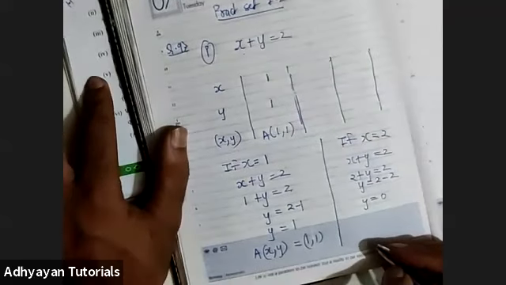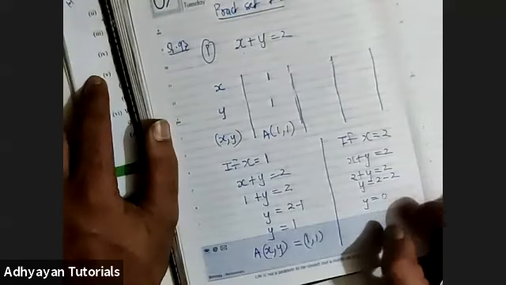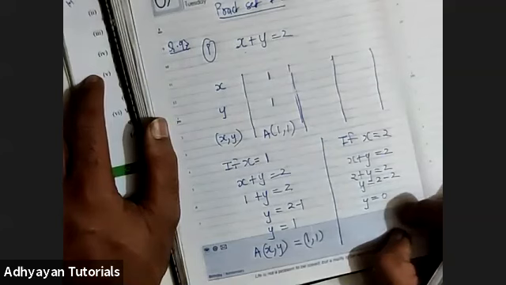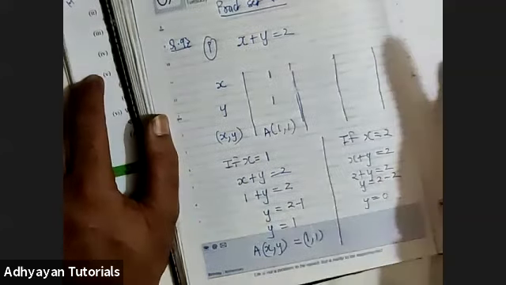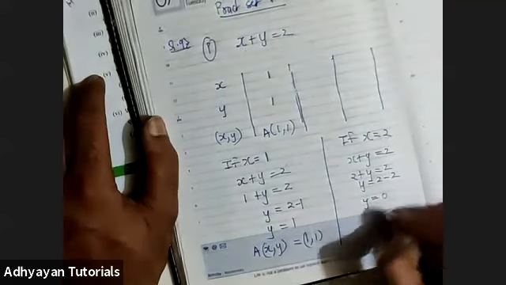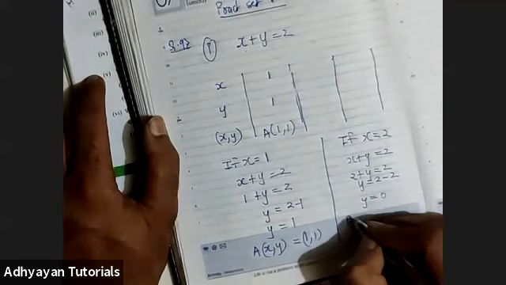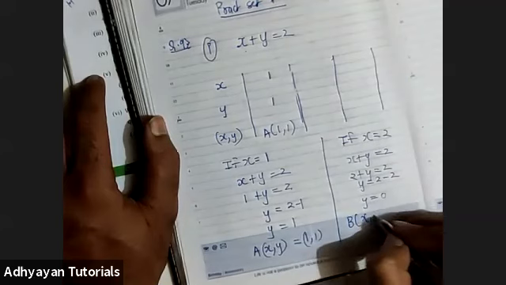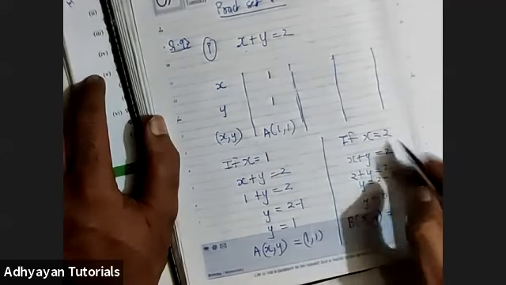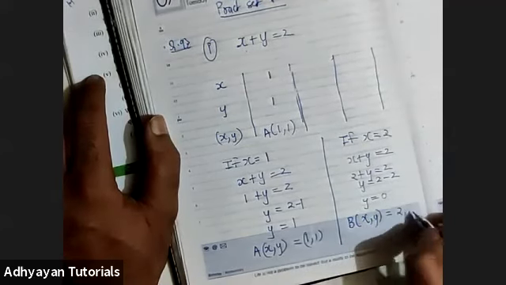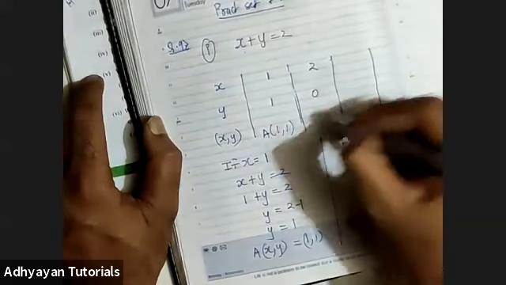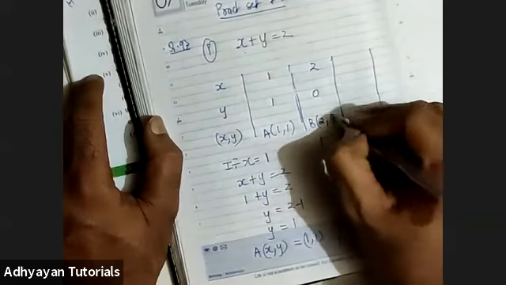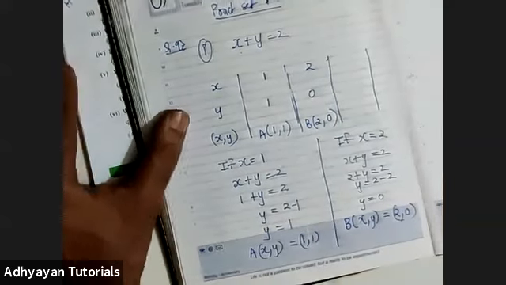This is to be solved in the notebook or the supplement which would be provided during exams, and the graph work has to be done on the graph page. So let's say the point here is B. If x is 2, then y is 0, so 2 comma 0. B has to be 2 comma 0.